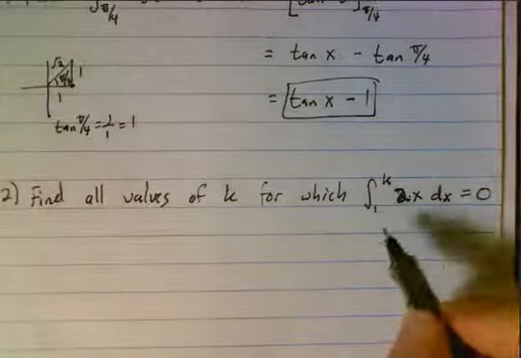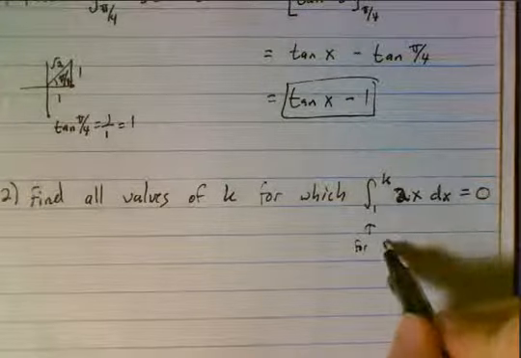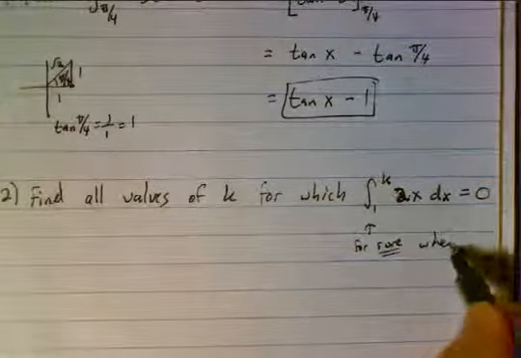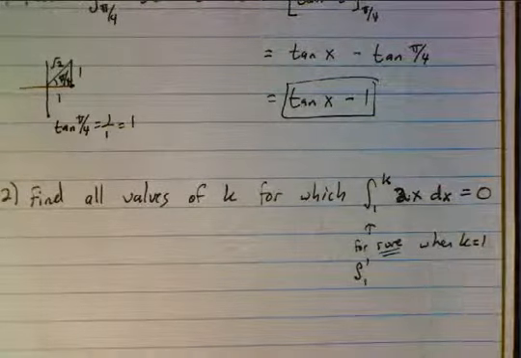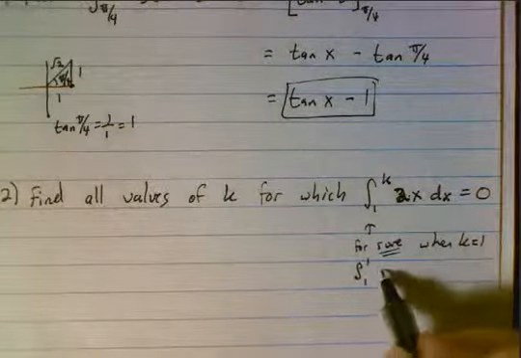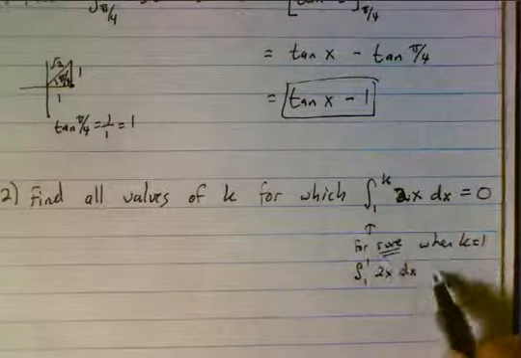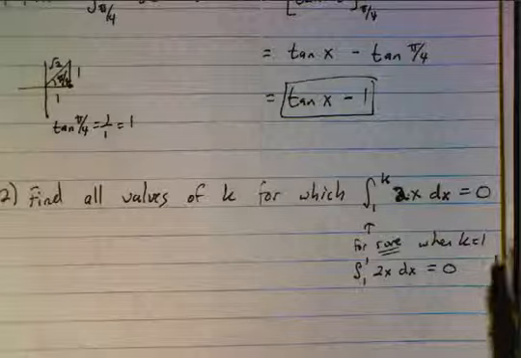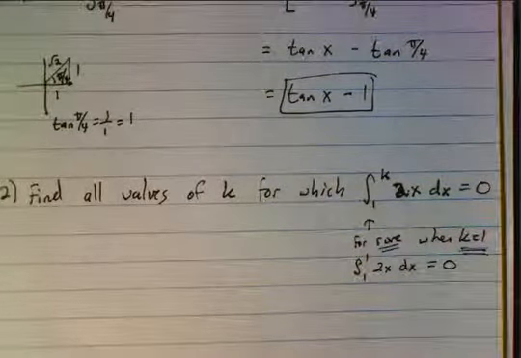And as soon as we look at this, if we're looking for when this equals 0, for sure, when k equals 1, we're going to have the integral from 1 to 1. Doesn't matter what this is. This could be anything. The integral from a number to the same number is automatically going to be 0. So we know one of our answers is certainly k equals 1, but let's see if there are any others.